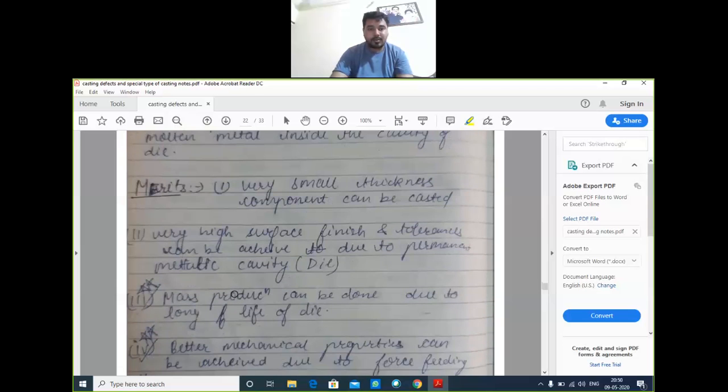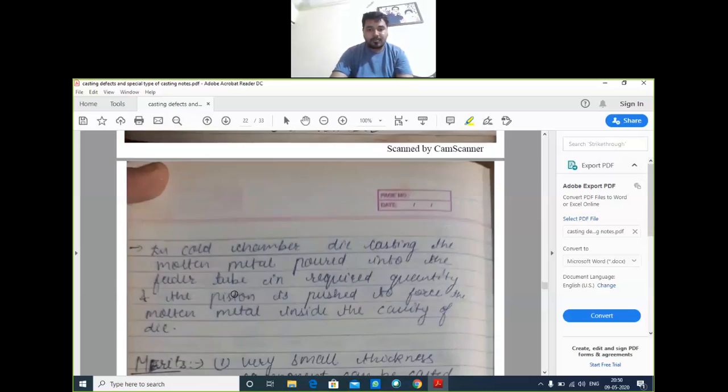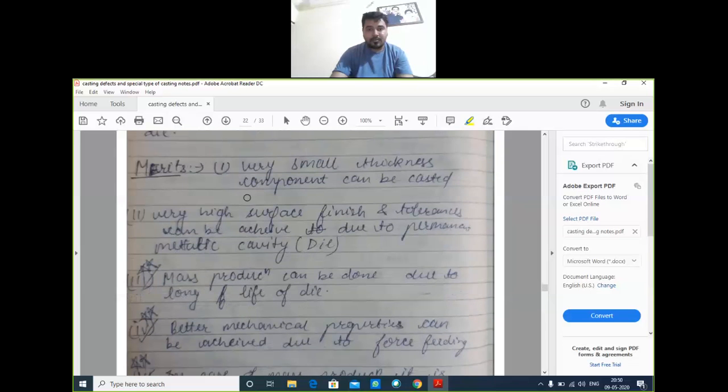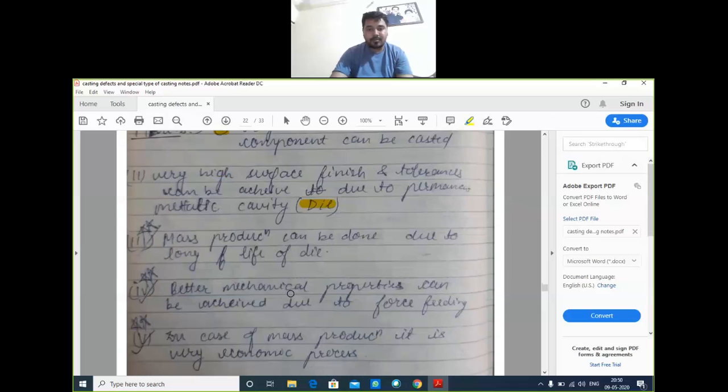What are the merits of the cold chamber? First, very fine, thin components can be cast. Very high surface finish and tolerance can be achieved due to the permanent metallic cavity, which is the die. Mass production can be done due to the long life of the die.